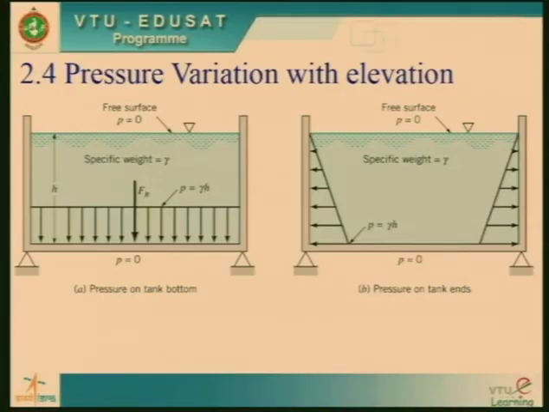It means everywhere the intensity of pressure, which is small p, is given by gamma of liquid into h of liquid, okay, or we can say P is equal to gamma into h, which is the specific weight of the water, which is nothing but the density multiplied by g into h.